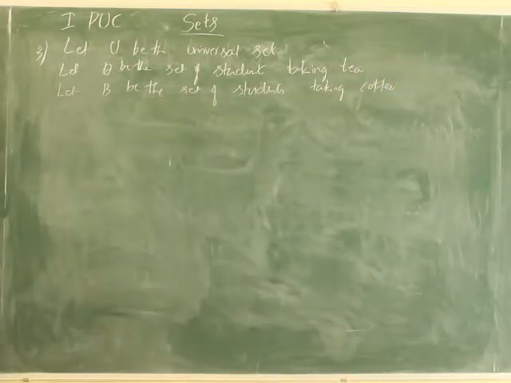Whatever the problem, first you have to consider A and B. If it is not known, you can consider the universal set also.